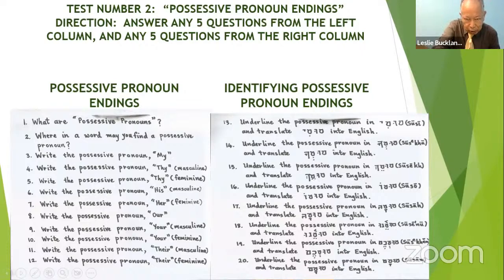And then translate susam into English, that would be their horse. That's the third person plural masculine possessive pronoun ending. That's a kamets mem ending. Susam, their horse. Okay. Don't confuse it with your horse. Notice the difference. You have ekem for your horse and am for their horse.